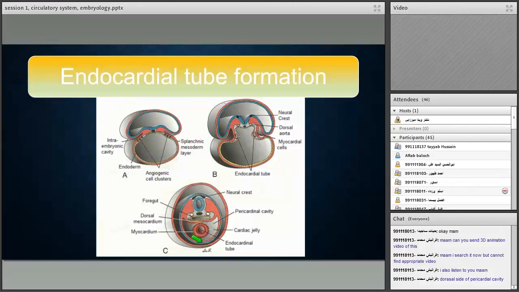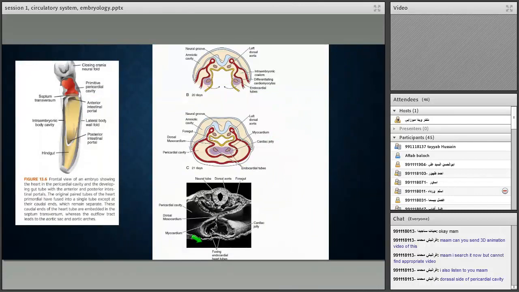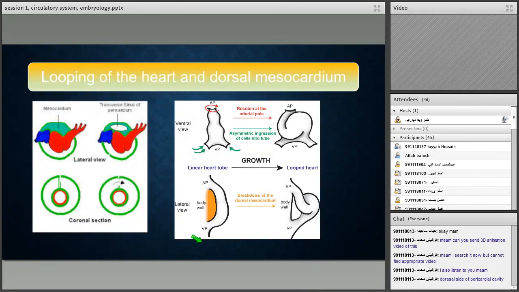Look at here. Let me show you the dorsal. Here we can see the heart tube, the inflow and outflow sides, and this is the dorsal mesocardium. At first, the dorsal mesocardium is a kind of plate, and it is present on all sides.